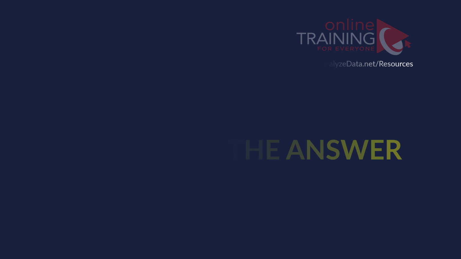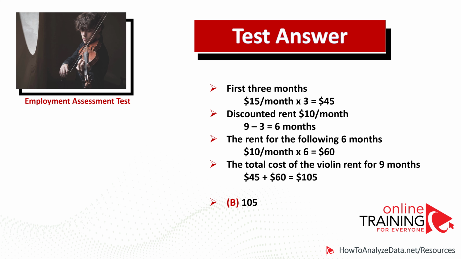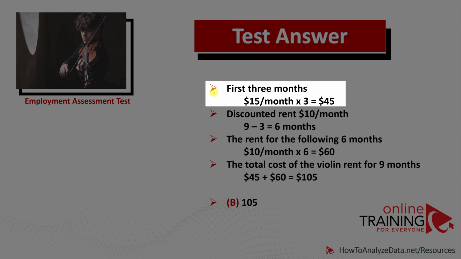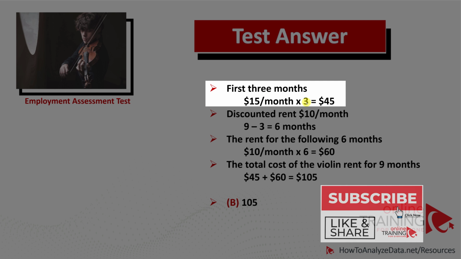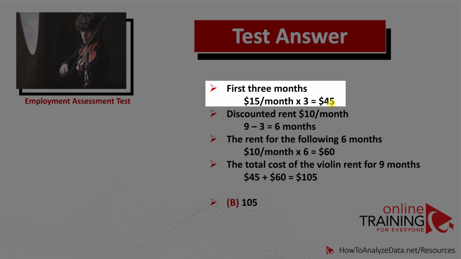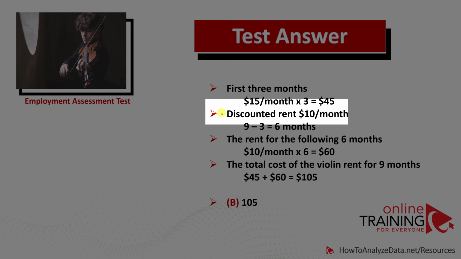To calculate correct values, we need to do two separate calculations. First, we need to calculate the value for the first 3 months, which would be the rent of $15 per month multiplied by 3. The value would be 45. This is the total student will pay for the first 3 months. After first 3 months, student will have a discounted rent, $10 a month.